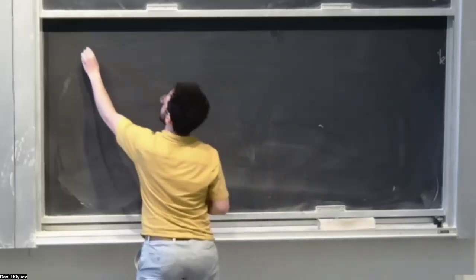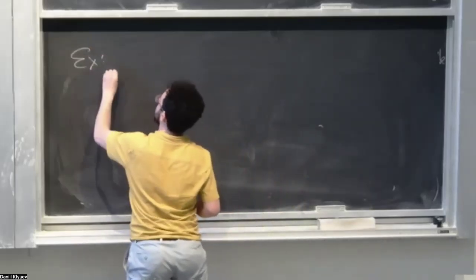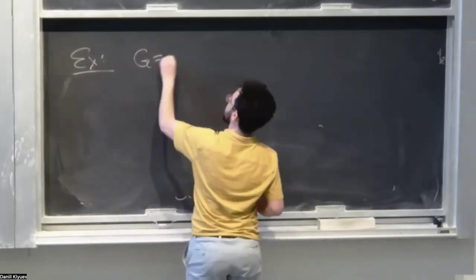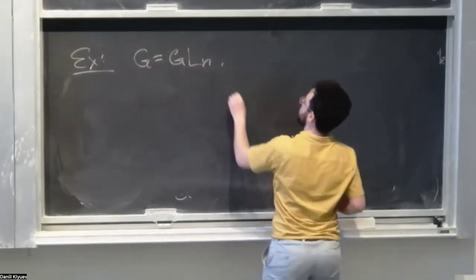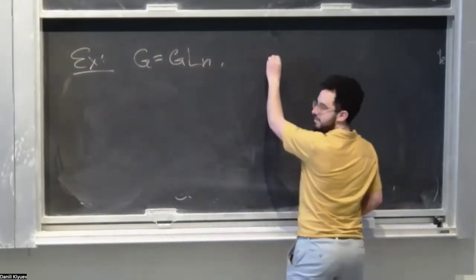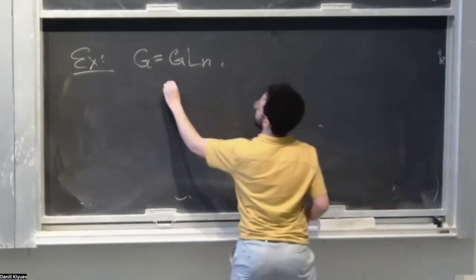Example, GLn. So you need to give, first of all, a lattice.